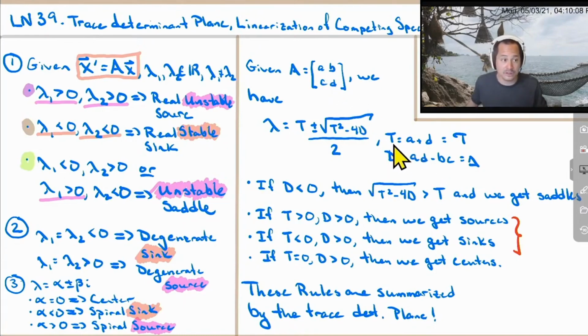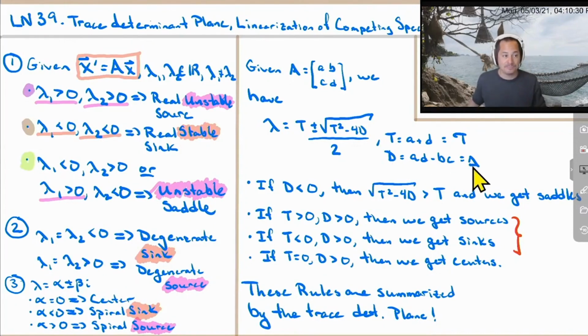I use the letter capital T to represent the matrix trace. Your book in WebAssign will use tau, which is like a T. And then the determinant, which is upper left times lower right minus lower left times upper right. And that's a capital D for determinant. Or your book will use a delta.